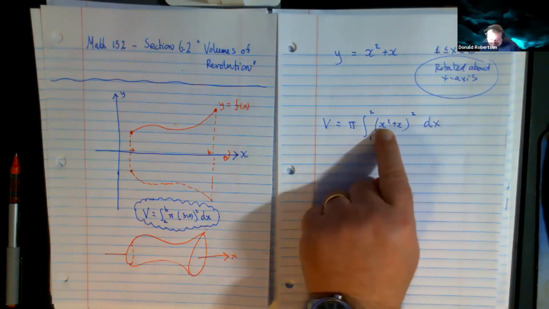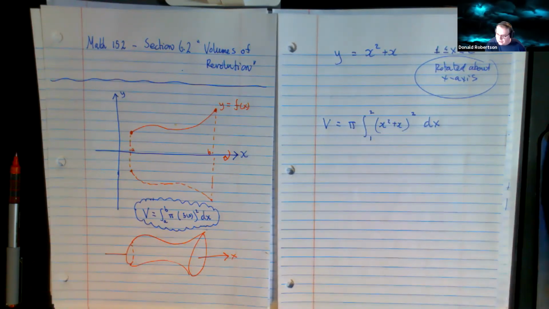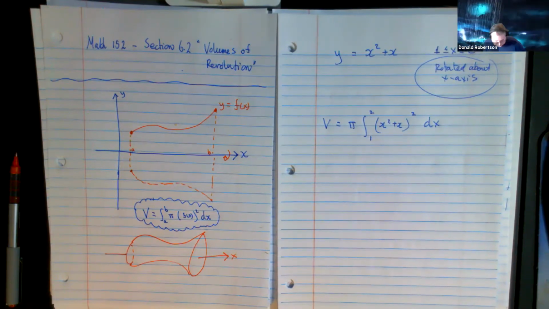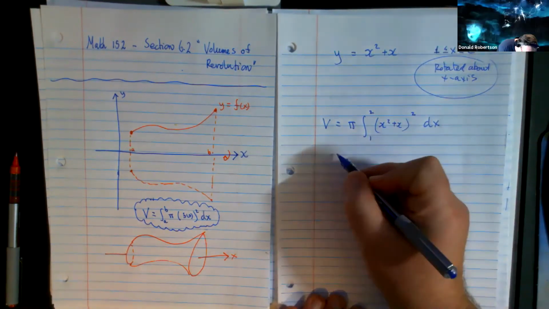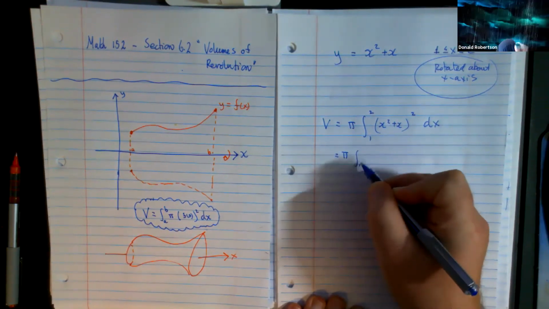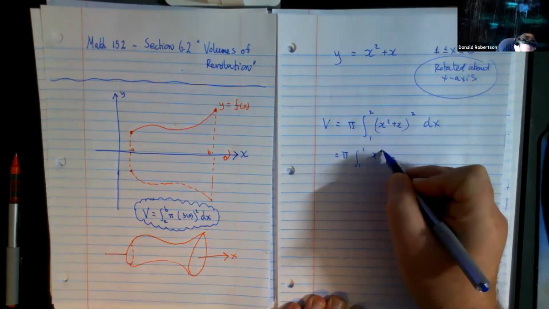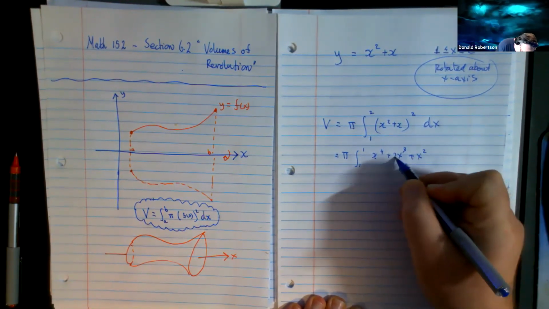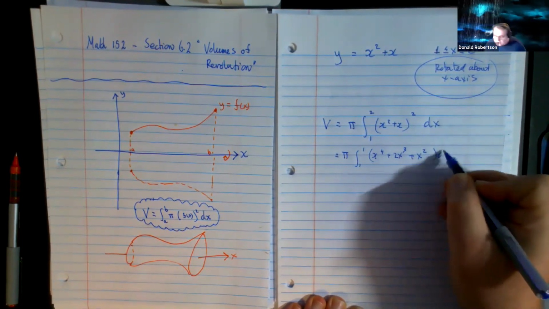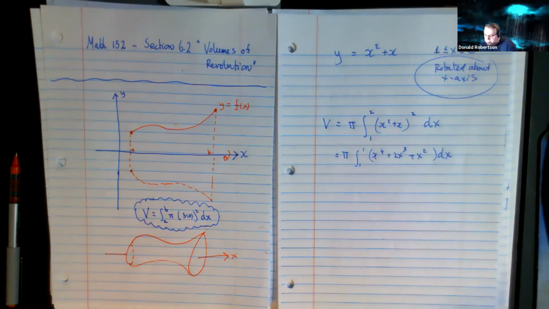What do you think I'm going to have to do to this before I start thinking about doing any integrations? Foiling. Yeah. Now, you can check it later, but trust me, you get x to the 4, 2x cubed plus x squared. So we just take that as being true.